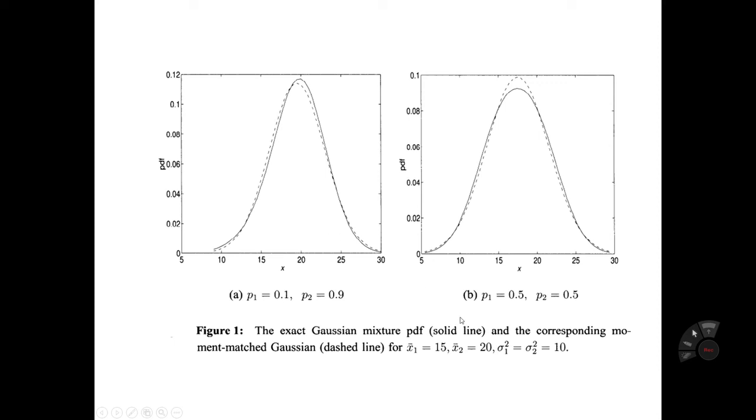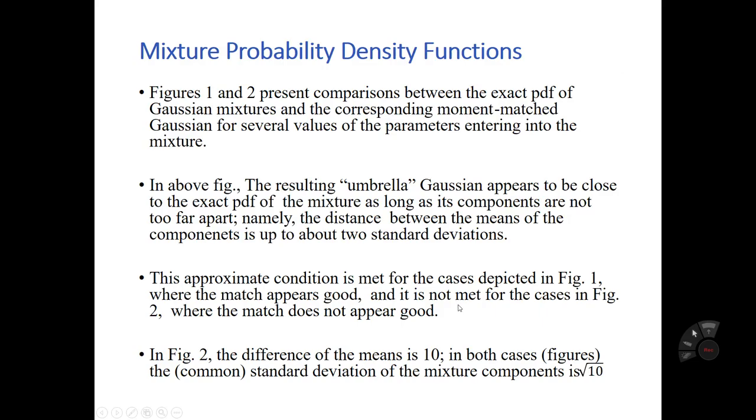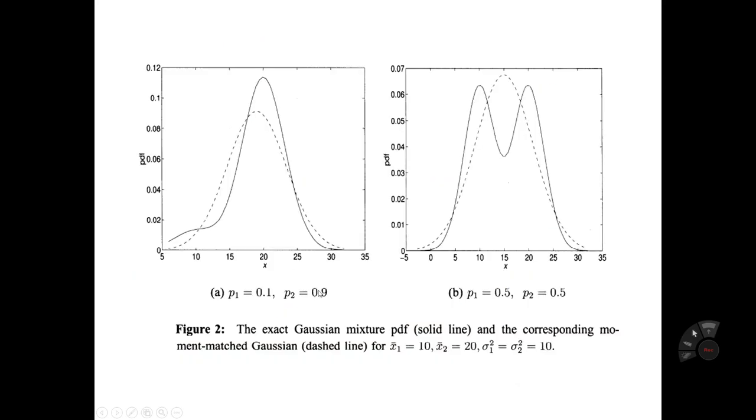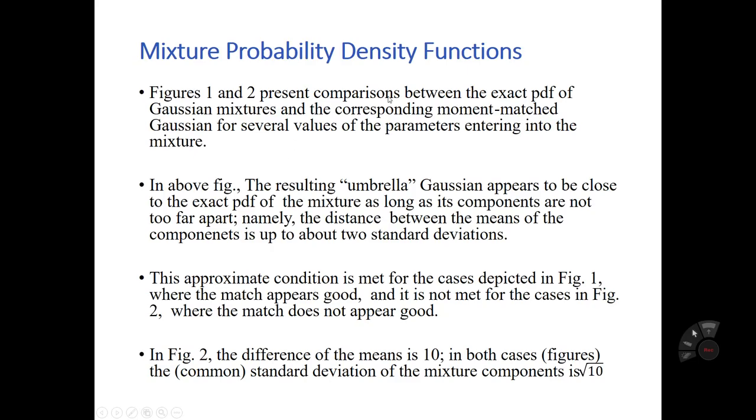So we obtained the exact match. Figures 1 and 2 represent a comparison between the exact PDF of the Gaussian mixtures and the corresponding moment matched Gaussian for several values of the parameters entering into the mixture.